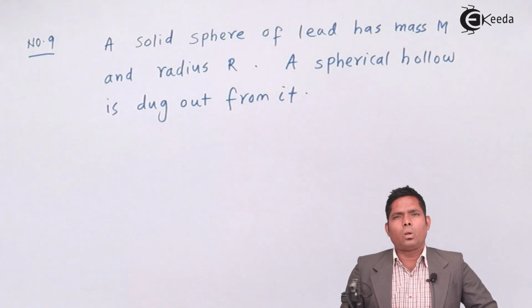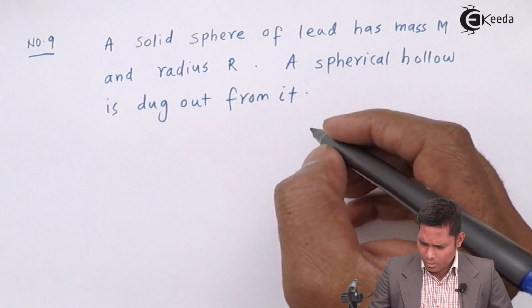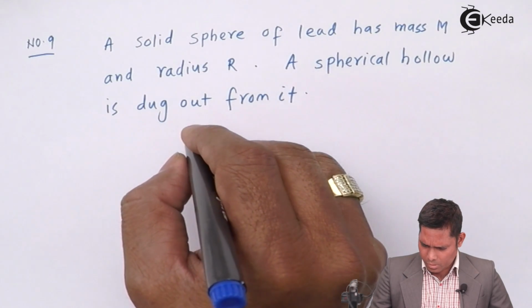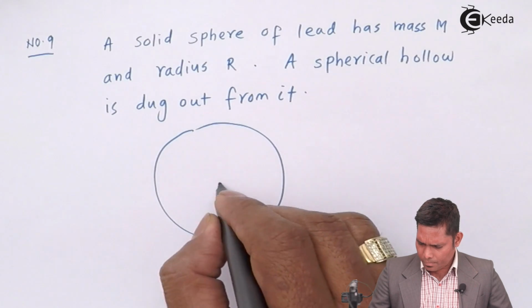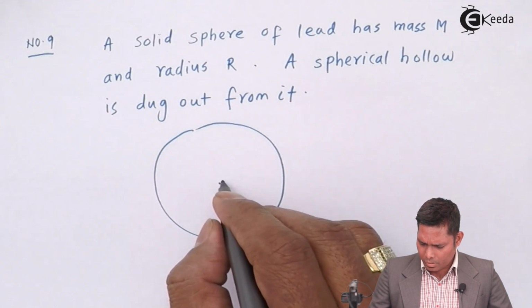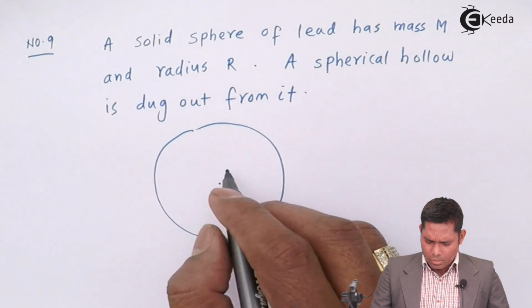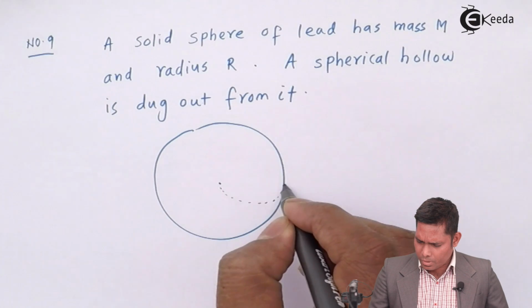A spherical hollow is dug out from it. As you can see from here, this is the figure. It's a sphere whose radius is r, and a spherical portion whose radius is equal to r by 2 is dug out like this.